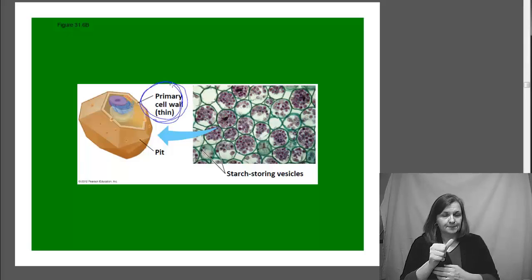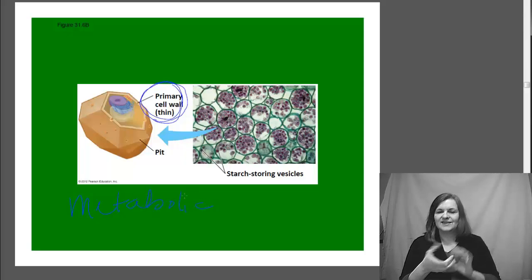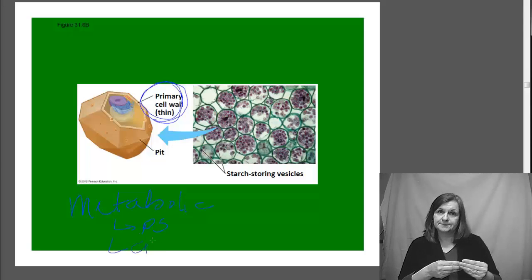And then what's their job? Well, the job of a parenchyma cell is to do all of the metabolic work of the plant. So anything associated with energy. In that case, we're going to be talking about photosynthesis, cell respiration, right? All of these things.